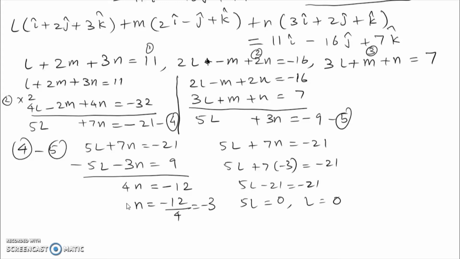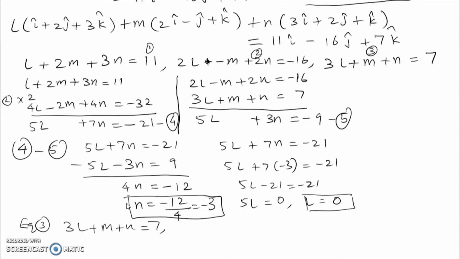And lastly, let's substitute in the third equation, equation 3, which is 3L plus m plus n is equal to 7. So substituting the values of n and L, you will get L is 0, so m plus n, that is minus 3, is equal to 7.